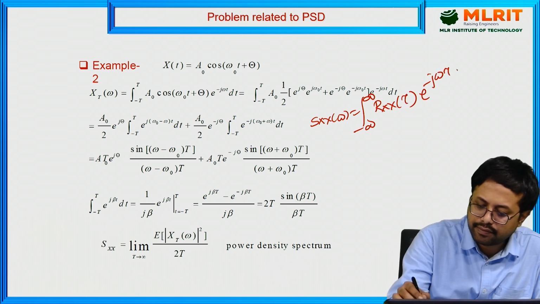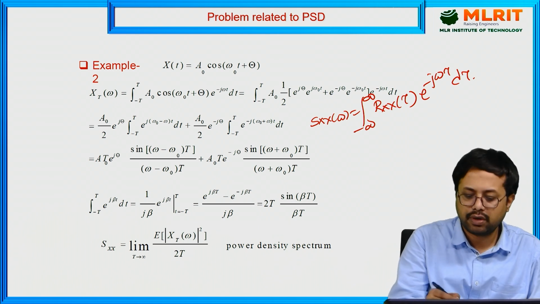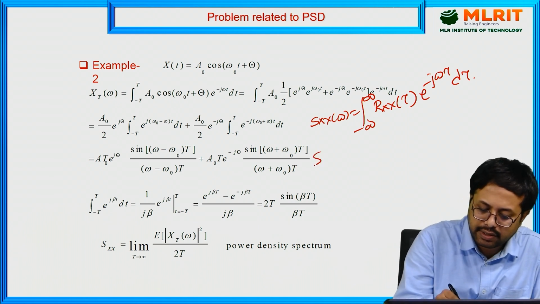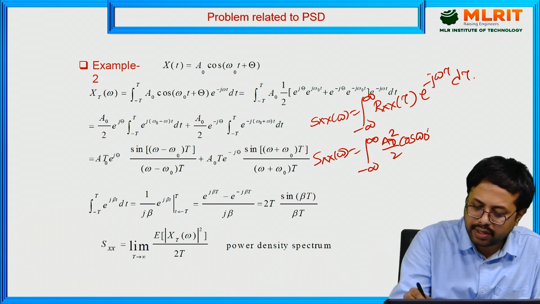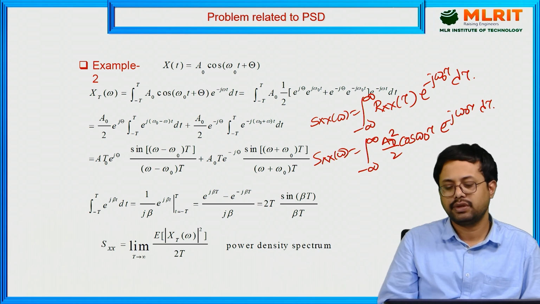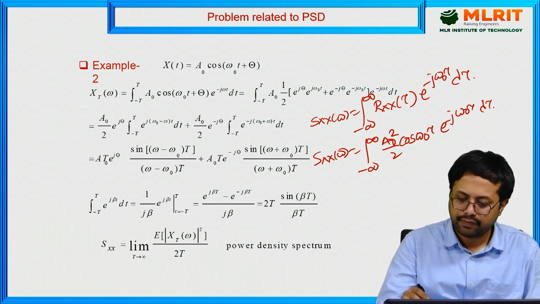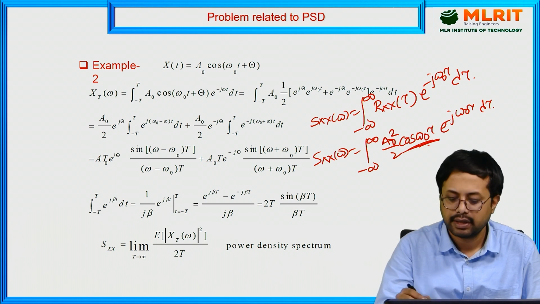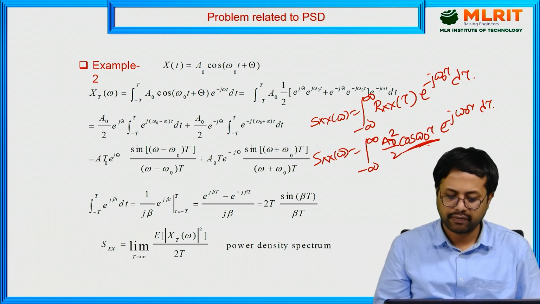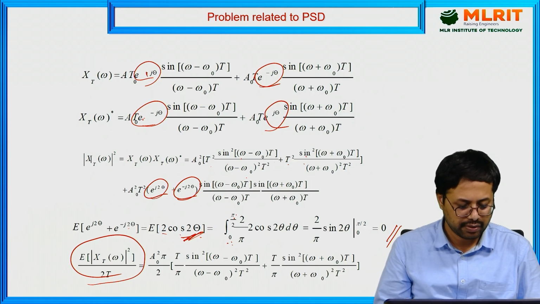Now we know the value of the autocorrelation function, which is the integration from minus infinity to infinity of A naught square by 2 cos omega naught tau times e power minus j omega tau. Simplify it further. Now you have to calculate this in terms of exponential terms.